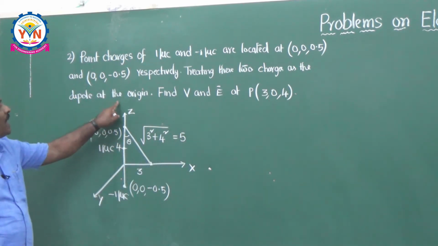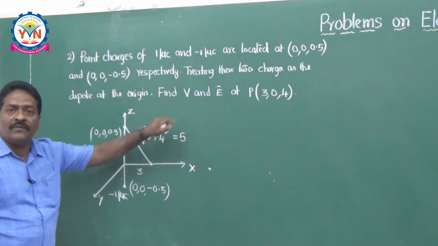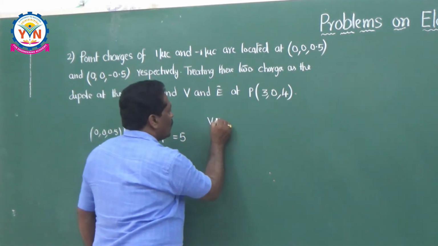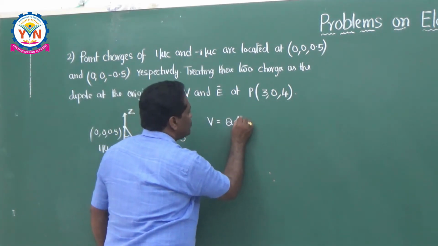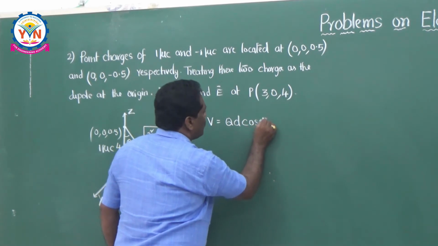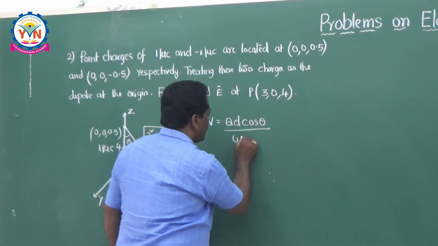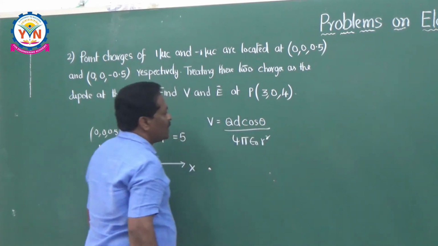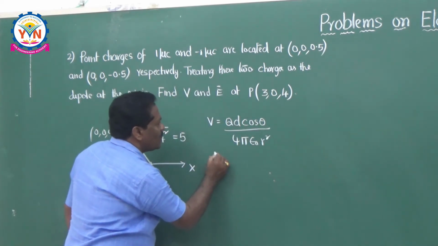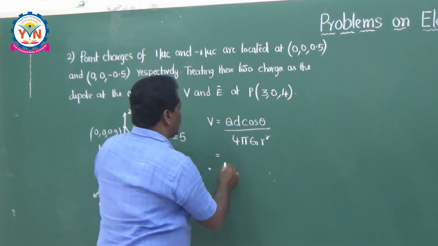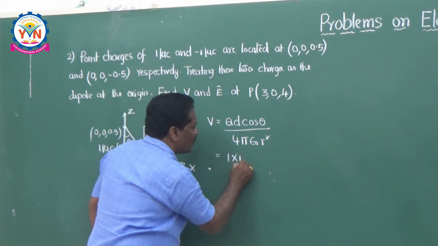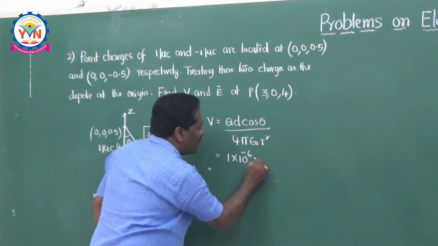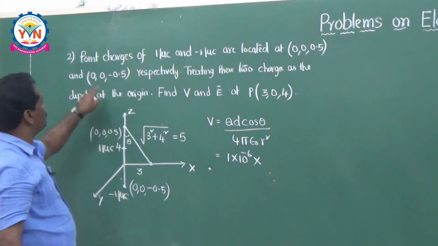Now write the expression for the potential V. V is equal to QD cos theta by 4 pi epsilon naught into R square. Therefore what is Q here? Q means one of the charges, 1 microcoulomb, 1 into 10 to the power of minus 6. D means distance between these two.